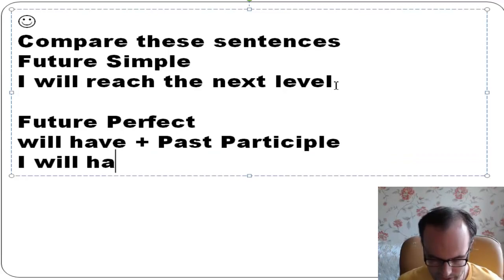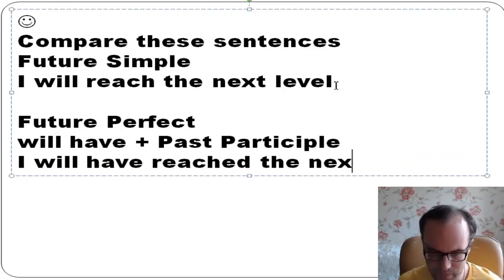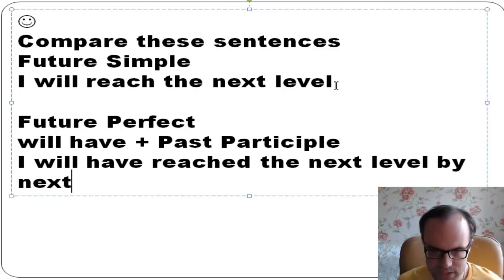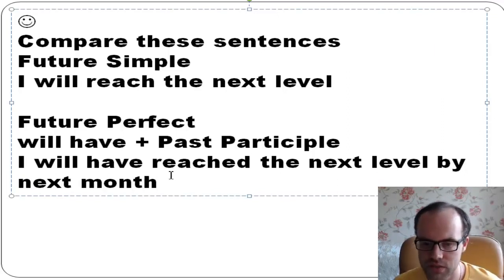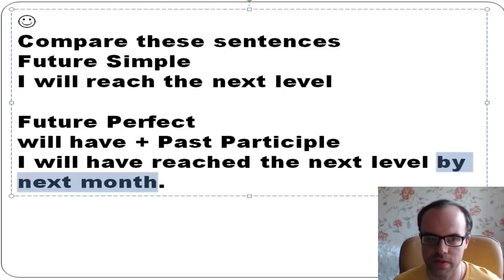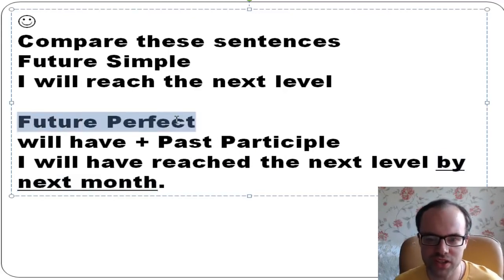So I will have reached the next level by next month. Yeah, by next month. Yeah. So, these words tell us that we need to use future perfect. I will have reached the next level by next month.